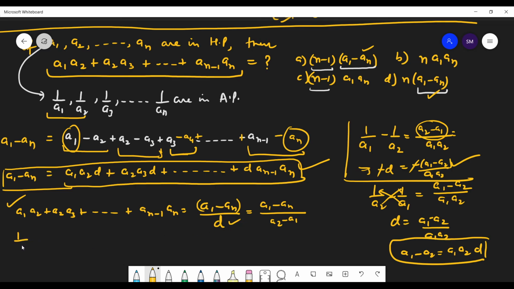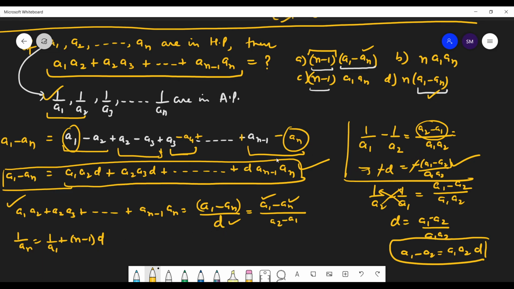What about this? If we want to find this 1 by an term, it is the nth term of AP, we can write it as 1 upon a1 plus n minus 1 into d. So how can we bring n minus 1? Suppose in the answer there is n minus 1. So that's one of the ways to bring an. We have a1, and n minus 1, and d we need to eliminate.